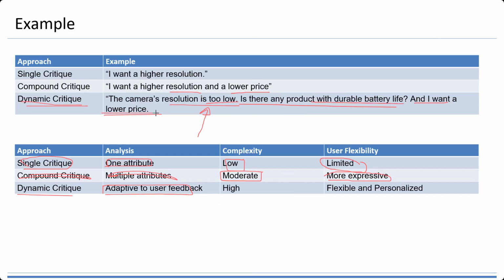Okay, I know that the price is too high for the customer. The complexity is high. It's very complex to understand. And it is flexible and also personalized. And we want to consider the dynamic critics more, rather than the single critic and the compound critics.